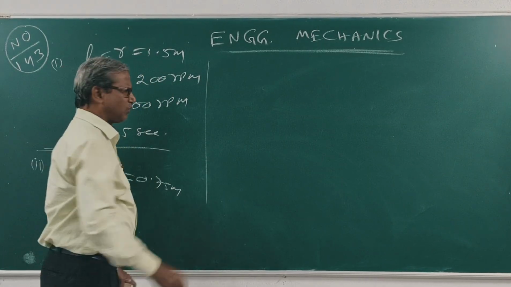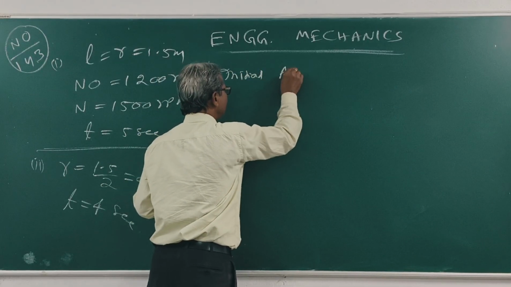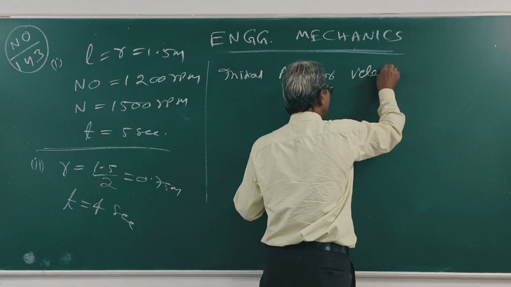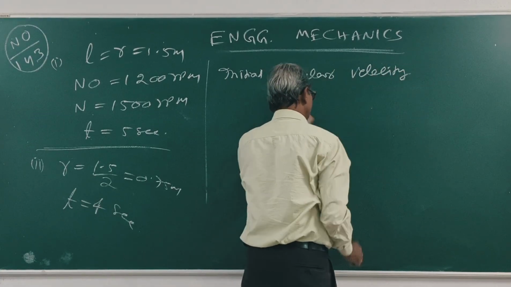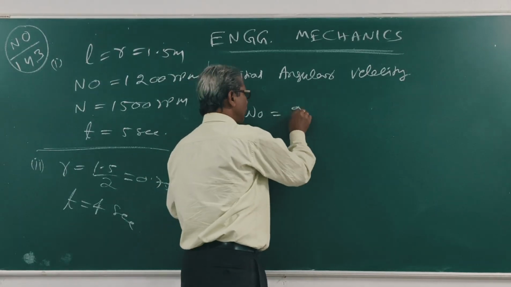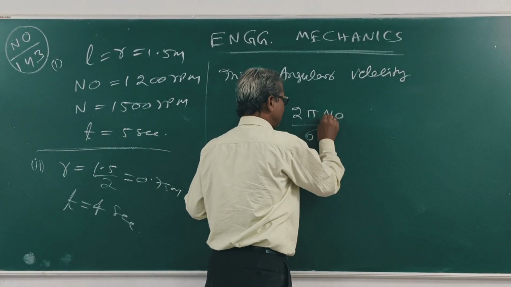Initial angular velocity omega 0 is equal to 2 pi n0 by 60.